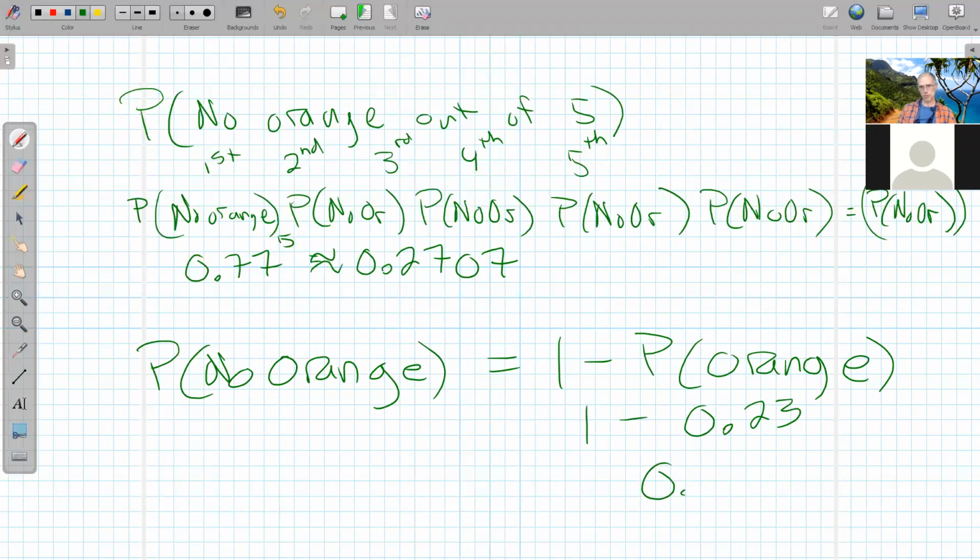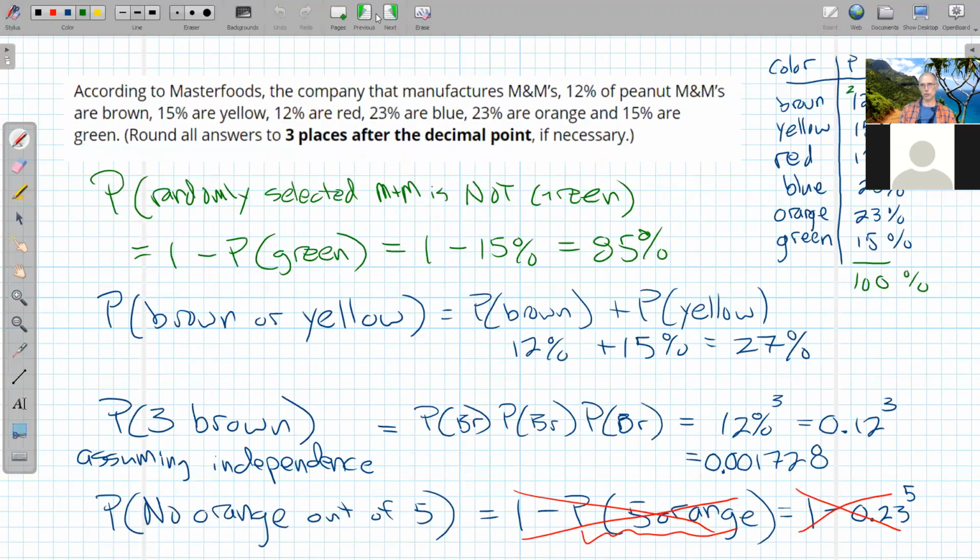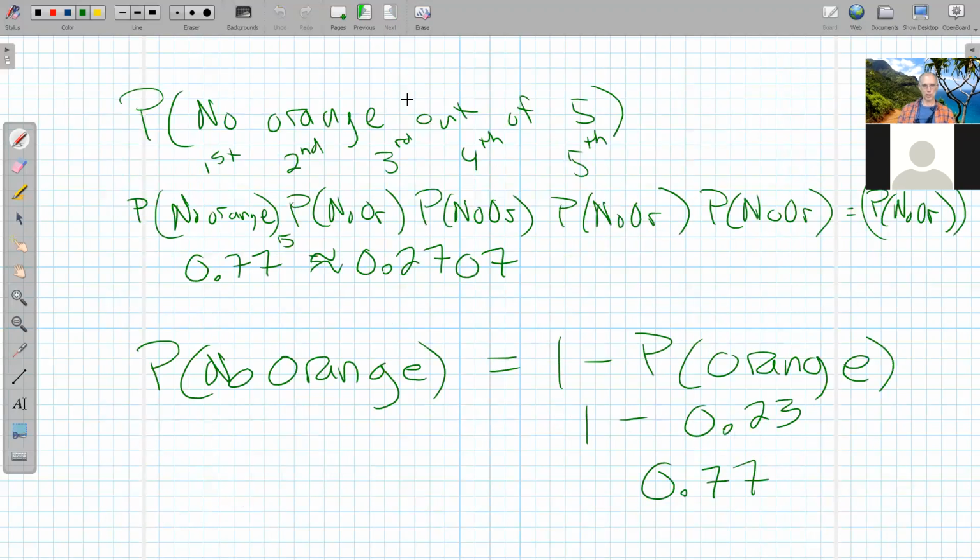That would be 77%. All right, looking back at the table, there's a 23% chance we get an orange. Not getting an orange would be 100% minus that, which would be 77%. Good question. Other questions?